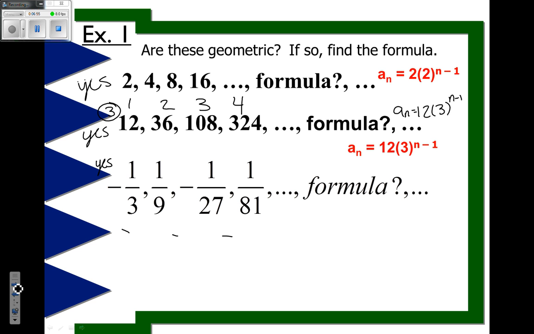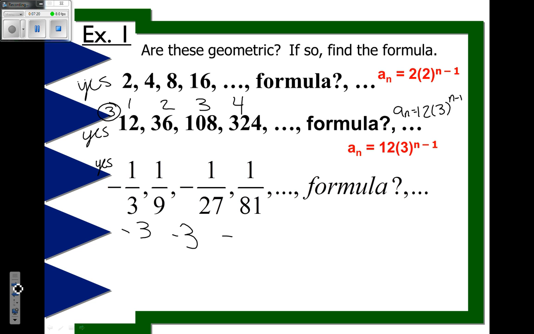Now we just have to figure out, when I divide by this, do I still get the same number each time? What's 1/9 divided by 1/3? What's negative 1/27 divided by 1/9?